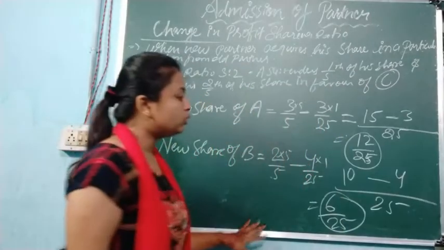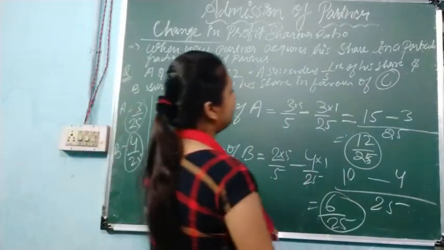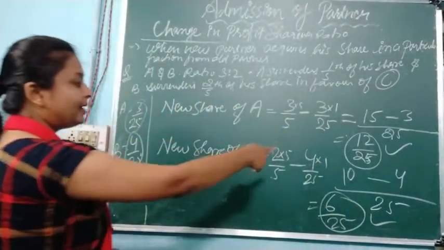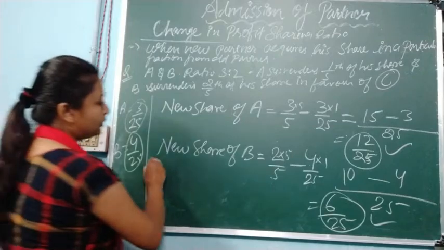So now the new shares of A and B are 12/25 and 6/25.